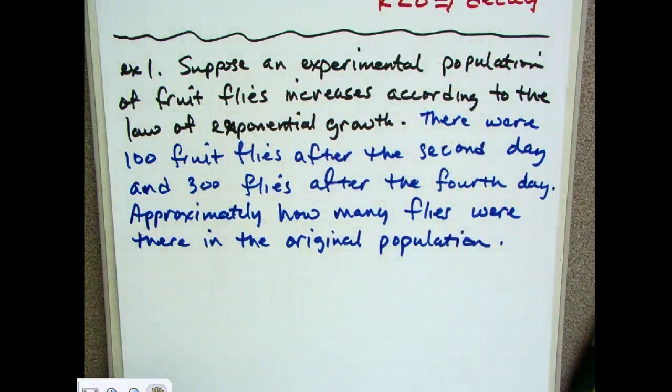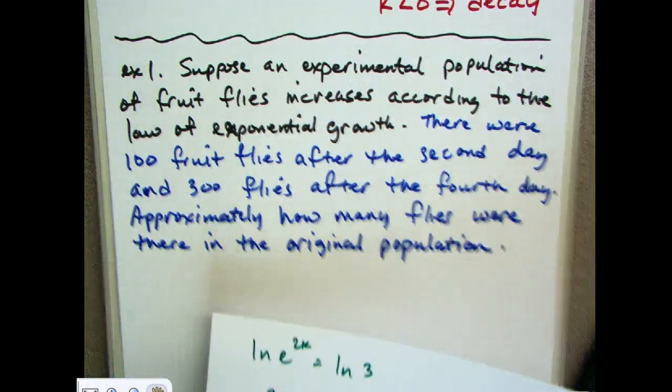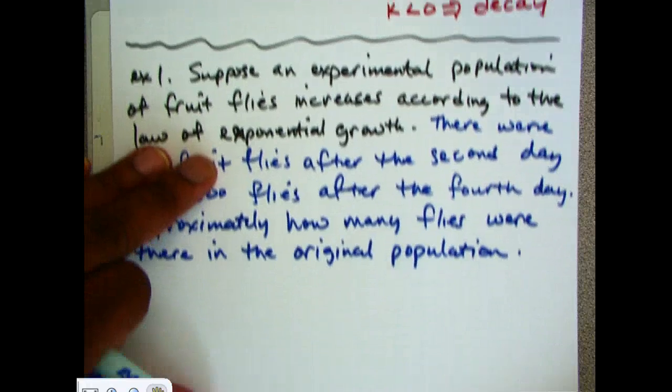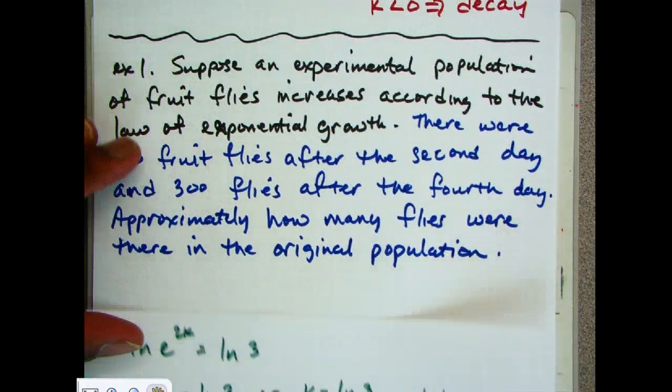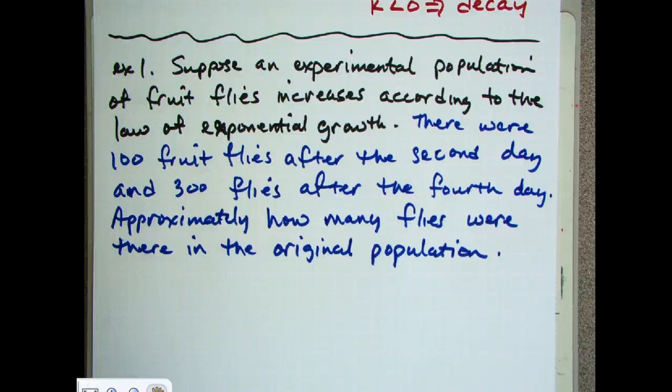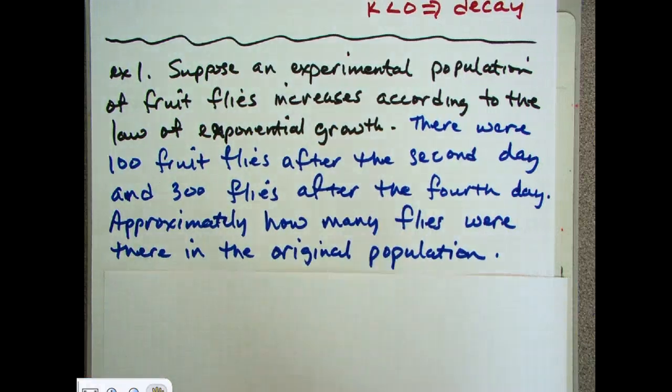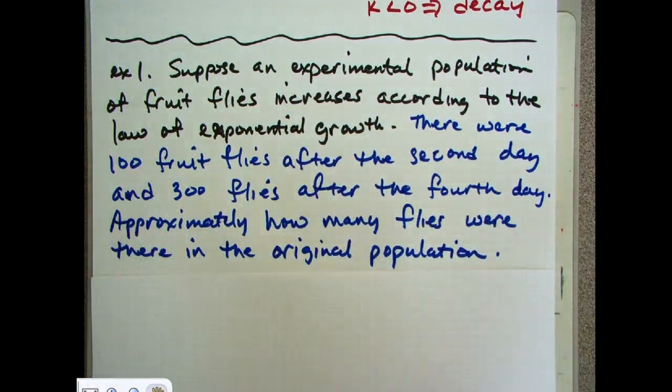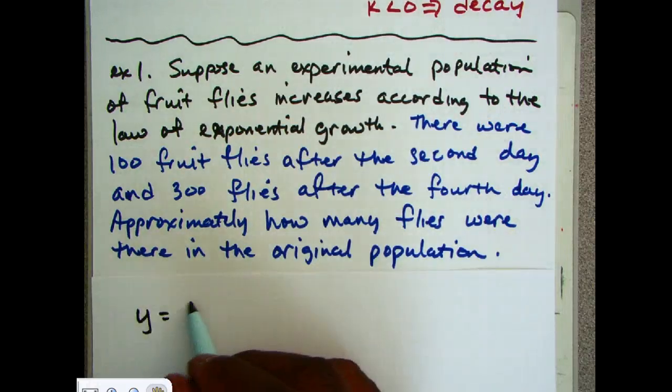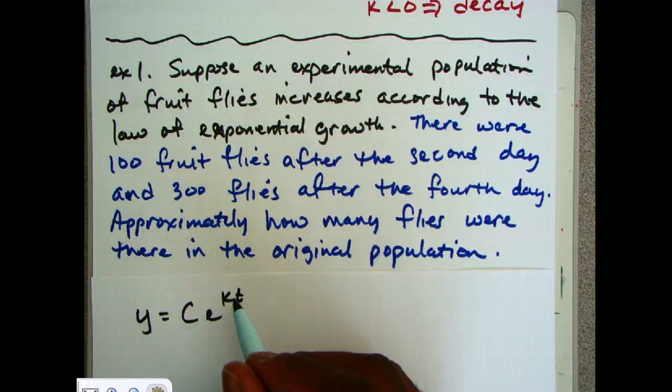Okay. So this we are going to set up with an exponential growth model. All right. So we're going to start off with our exponential growth formula. y is equal to c e to the kt.